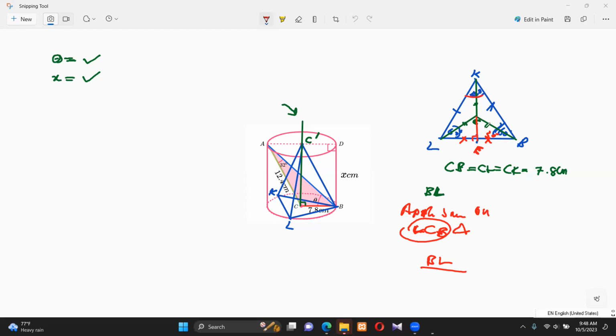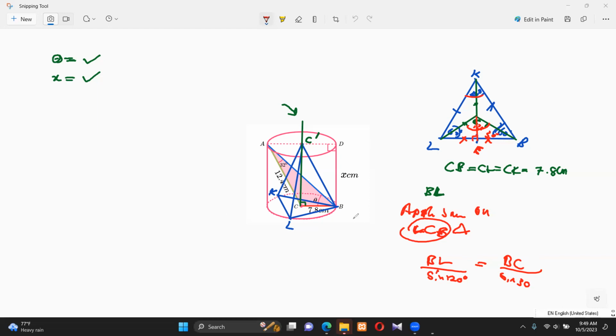If this is 60 degrees, this must be 120 degrees, right? So BL over sine 120 degrees equals BC, which is known, it's just the radius of this base circle, over sine 30 degrees.